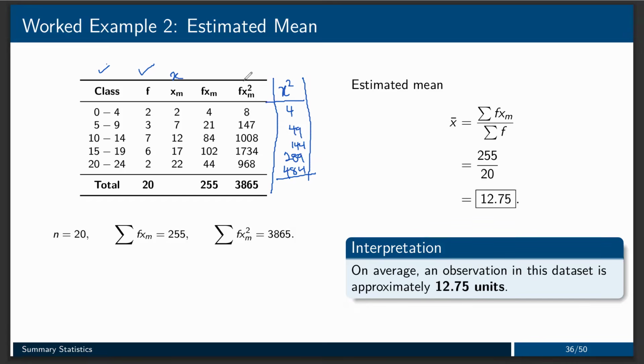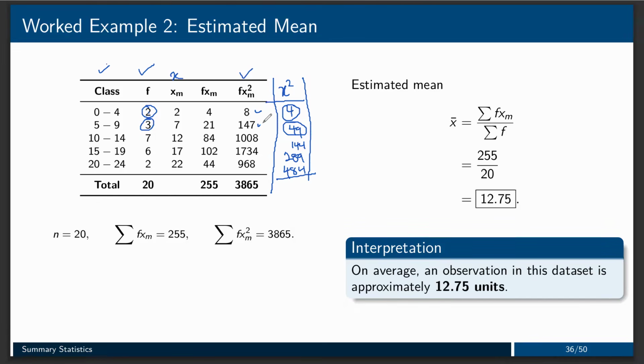The next thing, how did we get this for f times x squared? We multiply the frequency by the x squared. So for the first row, 2 times this 4 gives us 8. That's what we have here. Then we have next 3 times 49.